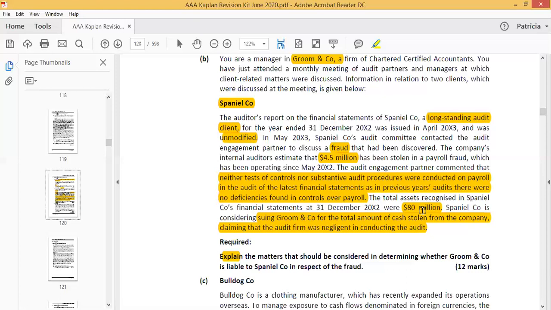You can also talk further by saying that it can be difficult for the auditor to detect material misstatements, especially if it's being deliberately hidden by management, because management can circumvent the controls and procedures, just to make sure the auditor does not understand the trail of whatever they're concealing.